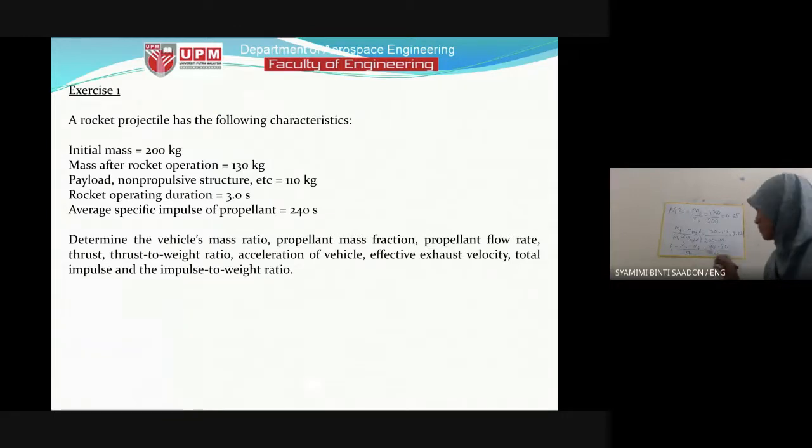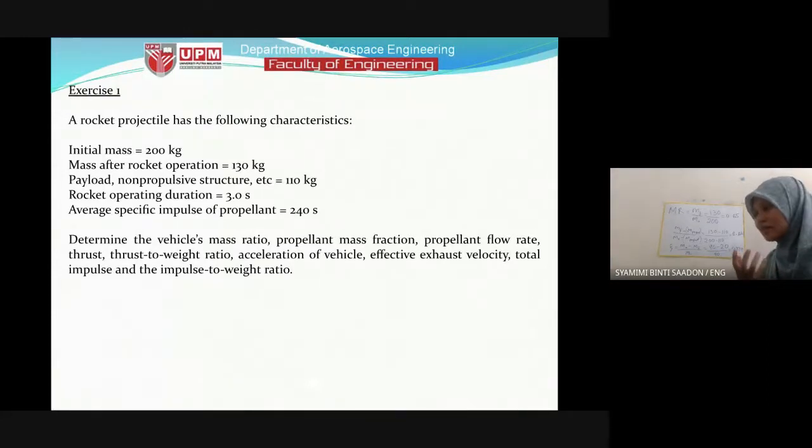Obviously we will burn all those propellant while launching. So 90 minus 20 over 90, again 0.778.